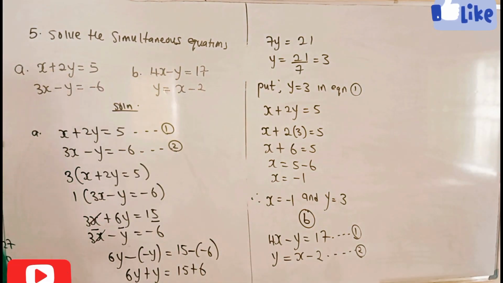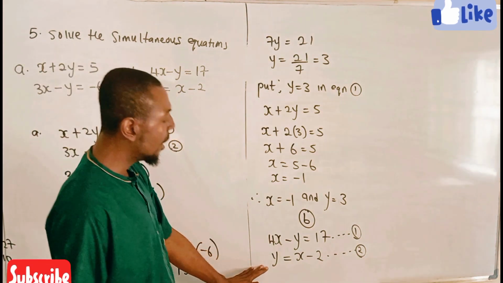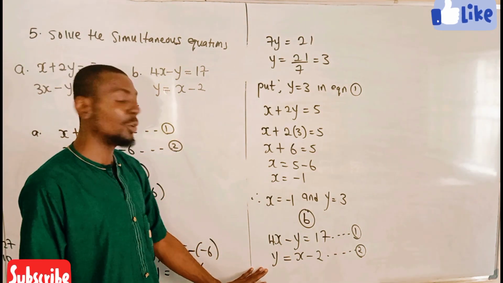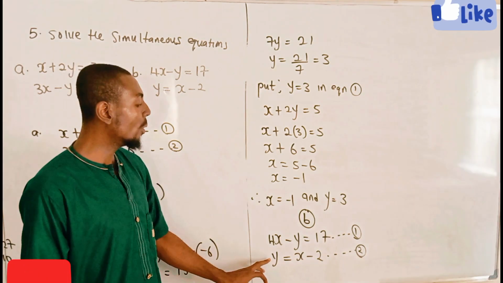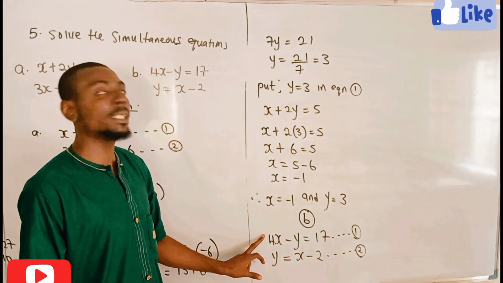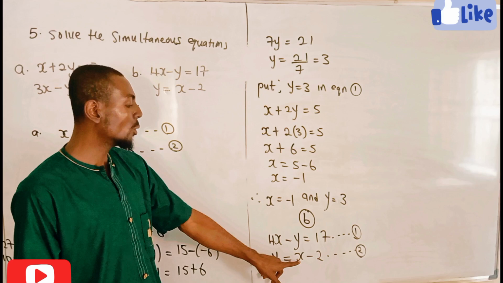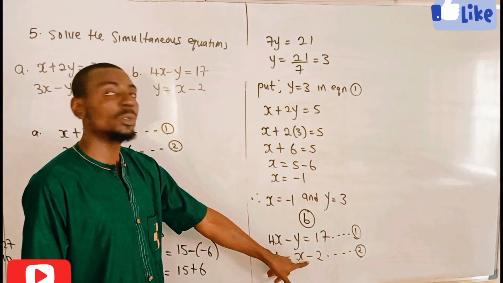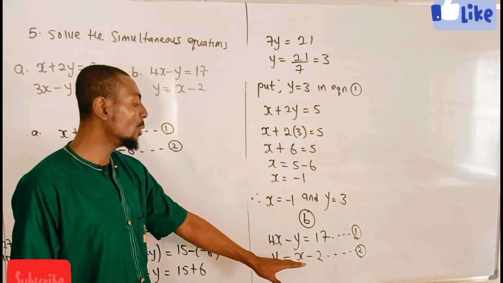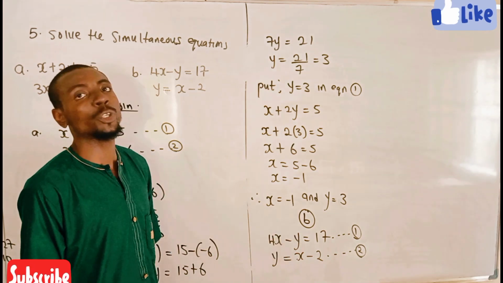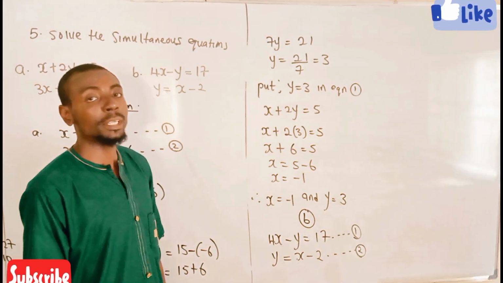Okay, so the work is already easy. If you watch equation 2, you find out that y is already the subject of equation 2. So in equation 1, anywhere we see y, we can put x minus 2. Okay, so we'll substitute equation 2 into equation 1 just to make life easy.